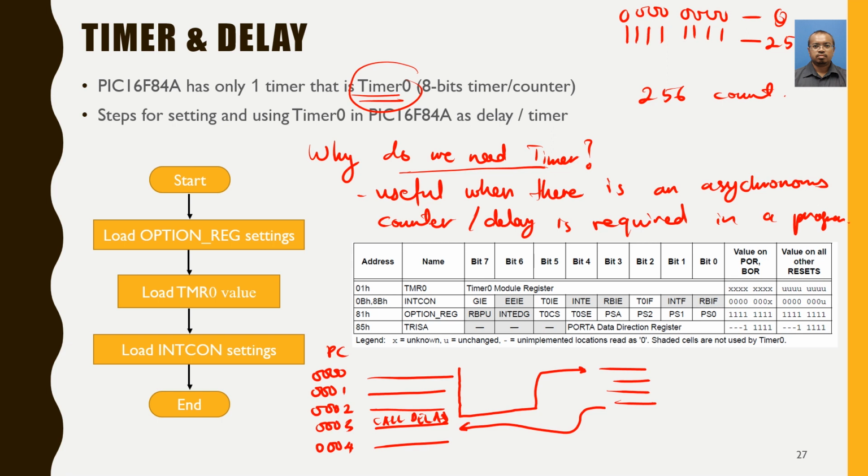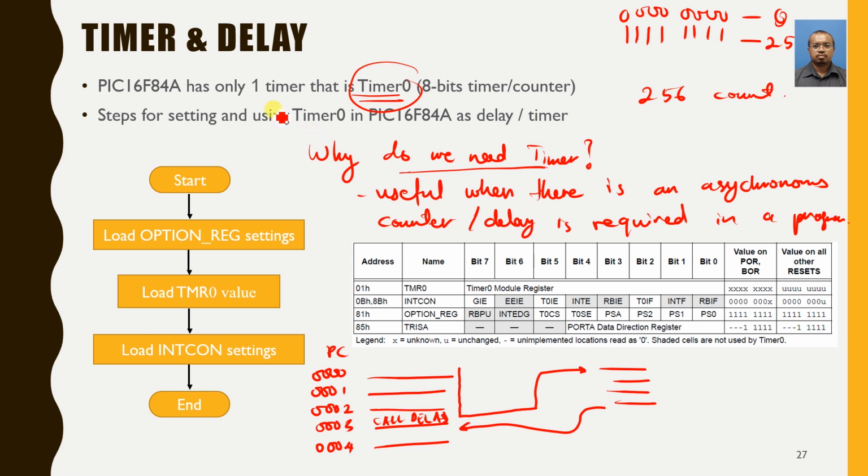For example, if you use something mechanical, like robots, for example, line following robots, when you change the turns, you need something to use for a delay, but you cannot do a delay in the main program. Why? Because it will not respond to the sensor input in real time. So that's the importance of timer 0 that you can use.